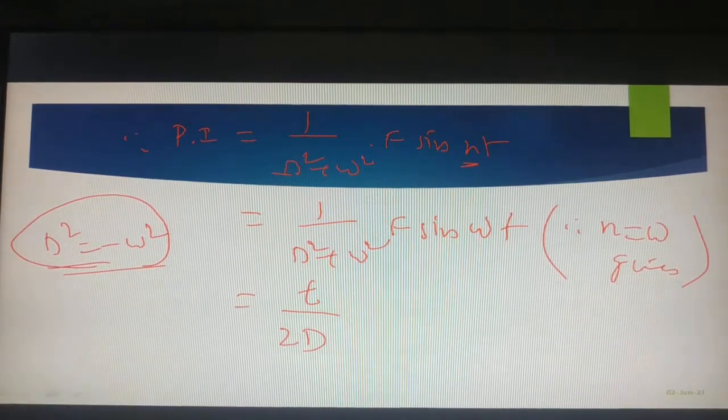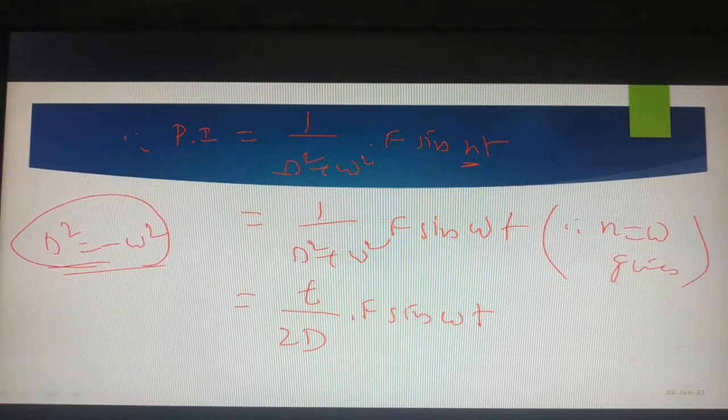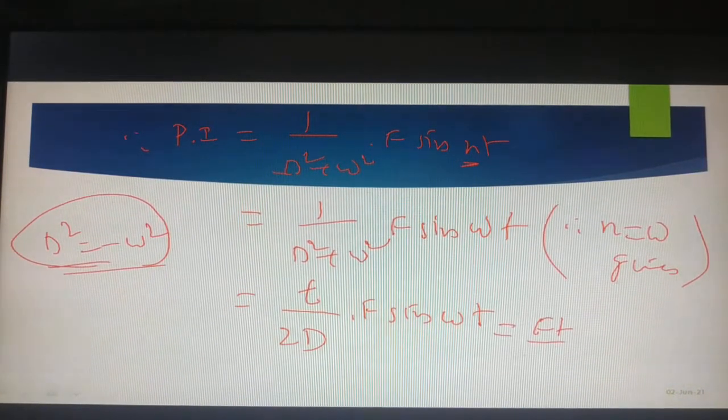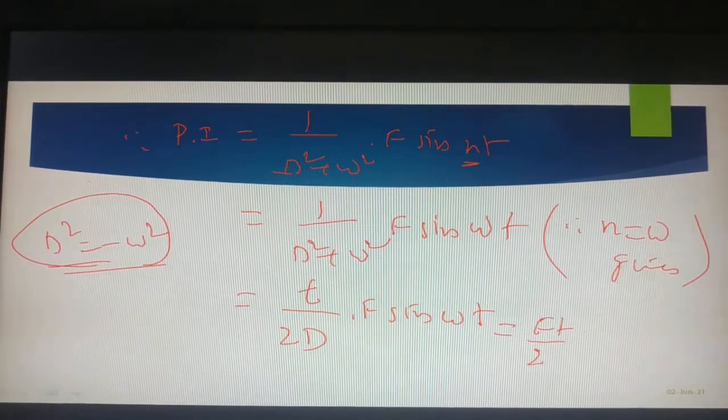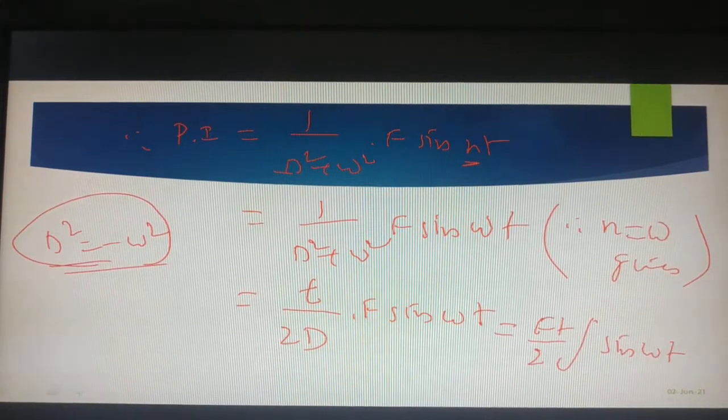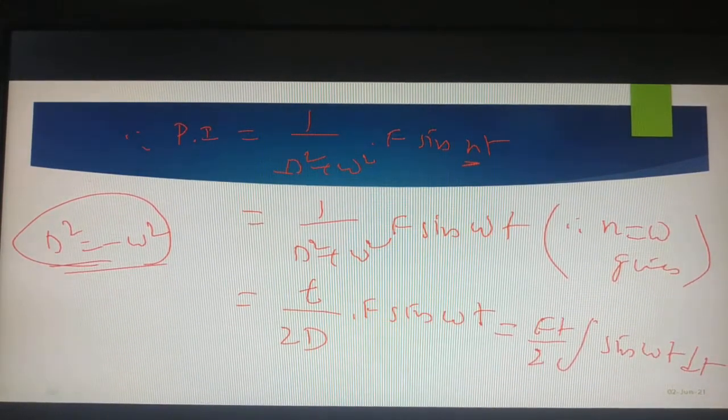When I differentiate, it becomes 2D into F sin omega t. F is constant, and t is multiplied, and 2 is also taken outside. 1 by D stands for integration, integral of sin omega t dt.